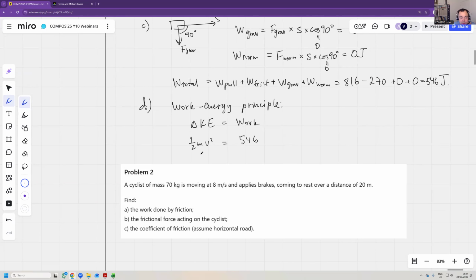M is 12, so 6v squared equals 546. Divided by 6, that's 91. So v squared is 91, and v is approximately 9.5 meters per second. That's the speed of the box.